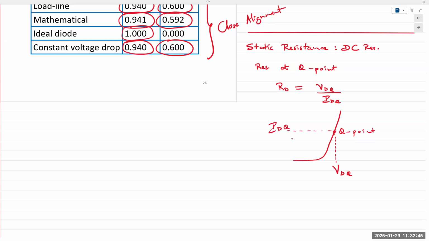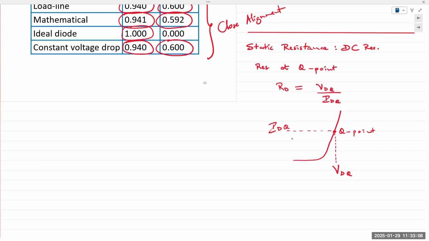So VDQ over IDQ gives you the DC resistance or the static resistance at that operating point or that Q point. Obviously, the Q point can move up or down the line depending on the applied source voltage, right? It can move up and down anywhere on the diode characteristic.